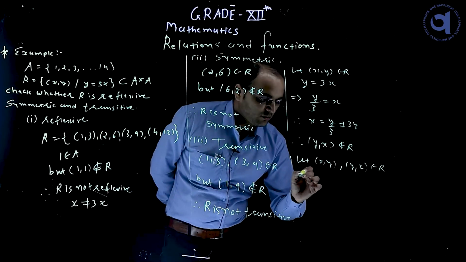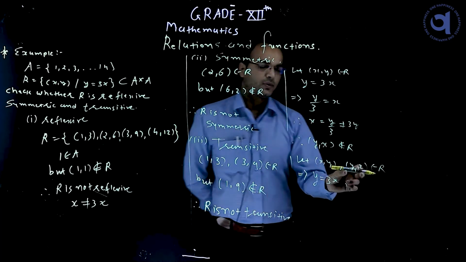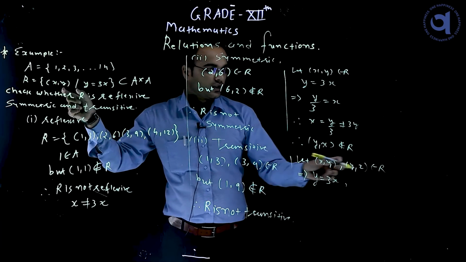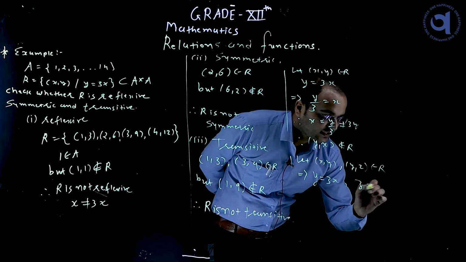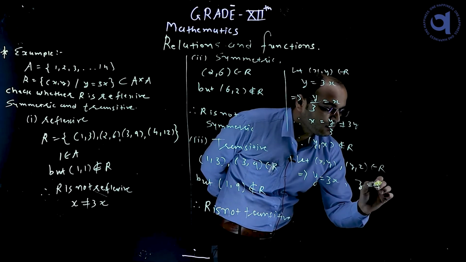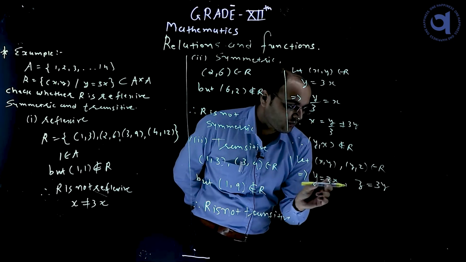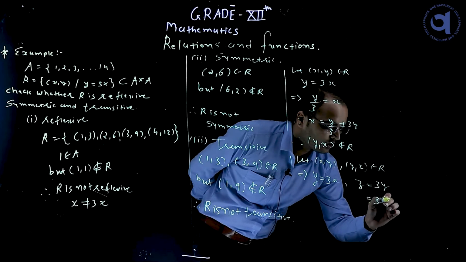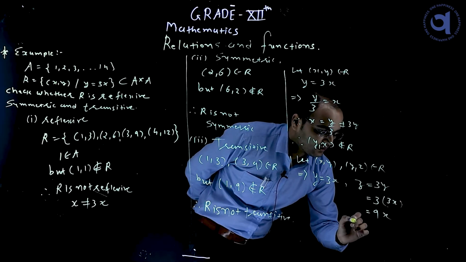So that gives y equal to 3x, and from this ordered pair we get z equal to 3 into y. Okay, so now put the value of y equal to 3x here. So we get 3 into y is 3 into 3x, that is equal to 9x.